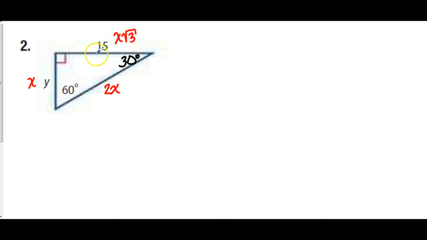So I know that 15 equals x root 3. I'm looking for this unknown value, which when it comes to the properties would be x.